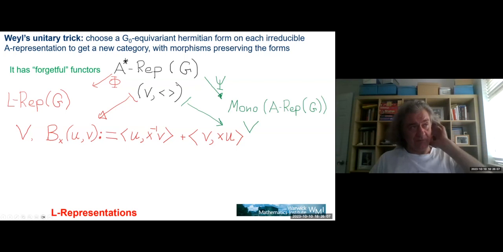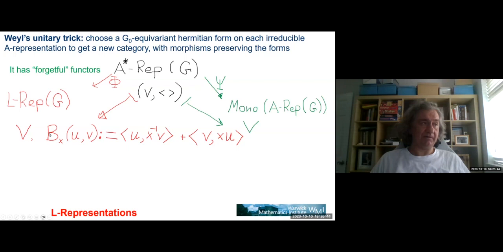Let's talk it slowly. So this was psi, where you just forget the form, right? And you don't only get maps between A representations. You are going to get injective maps. So this is the category of monomorphisms inside A representations. And then you have a second functor to L representations. And for that, you have to get all the forms, yes?